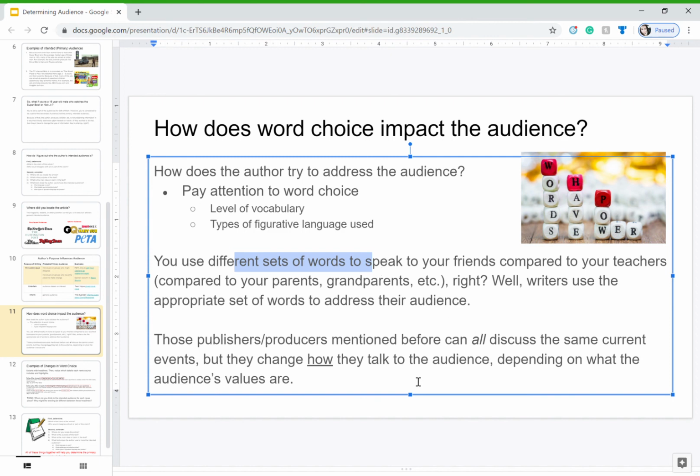The same thing goes for articles. If the author is addressing a group of people in the scientific community, they're going to use words that are specific to that scientific community. They're not going to treat their colleagues as if they're their parents or their friends and say, yo dog, that was messed up. I don't know, that volcano exploded. That is not what they're going to say.